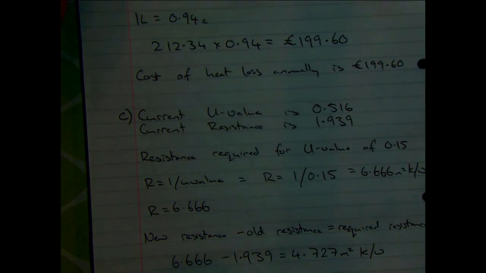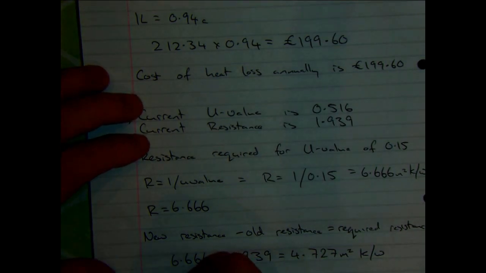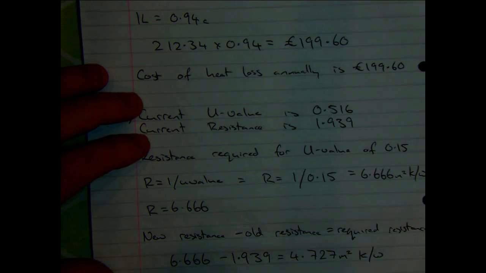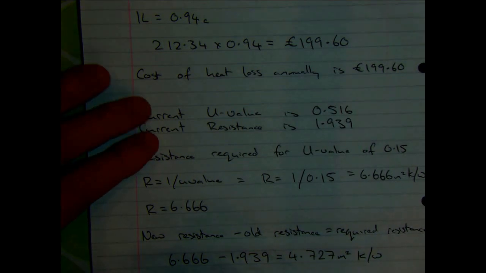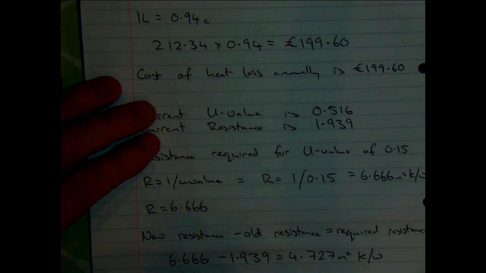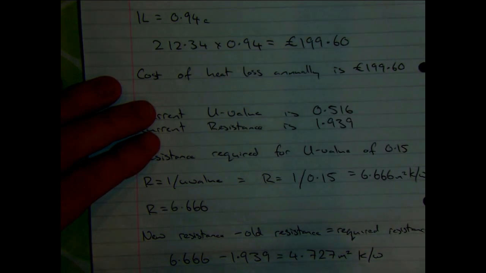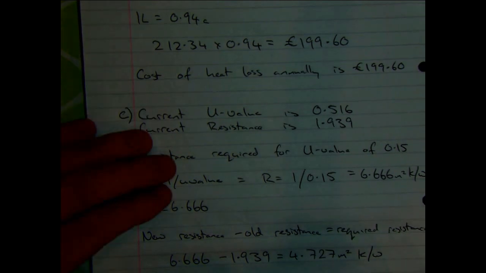So we're going to use the formula R equals T over K. We have R, we need T, and we have K. So 4.727 equals T over 0.031.